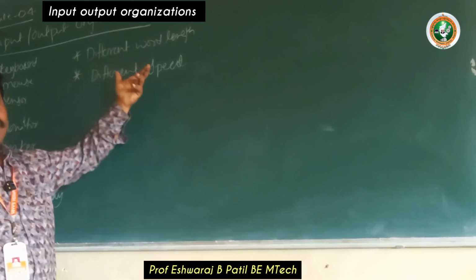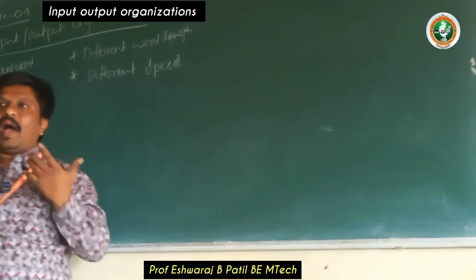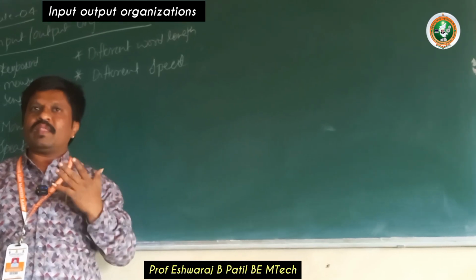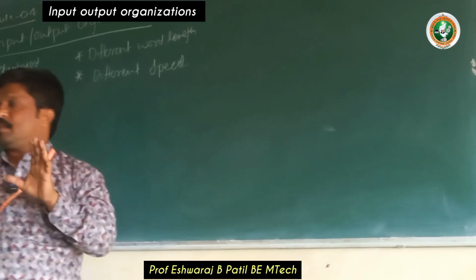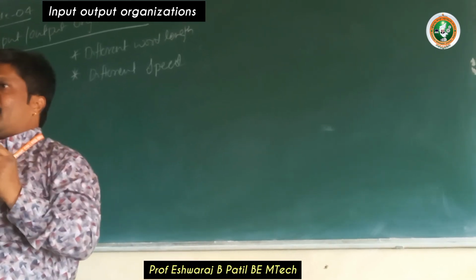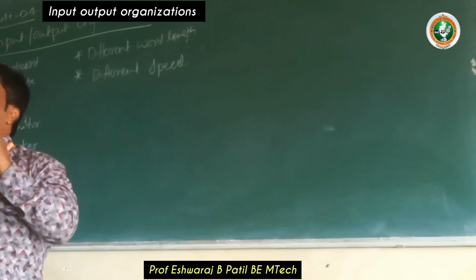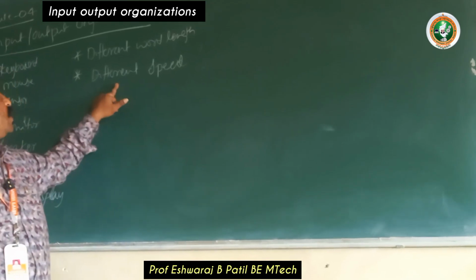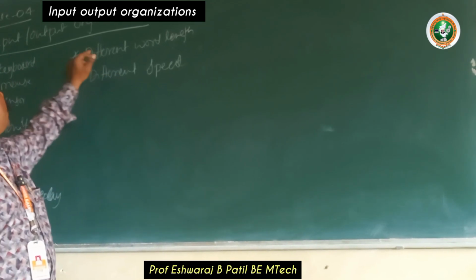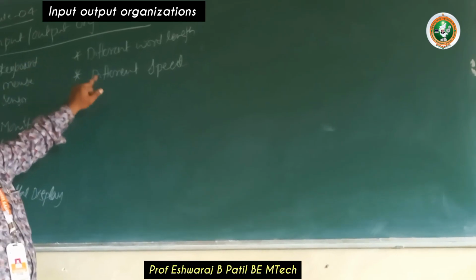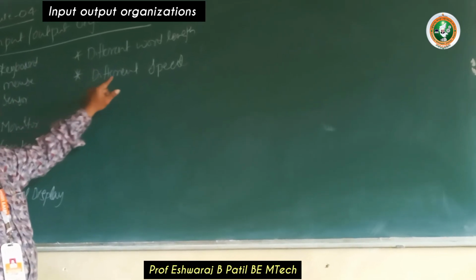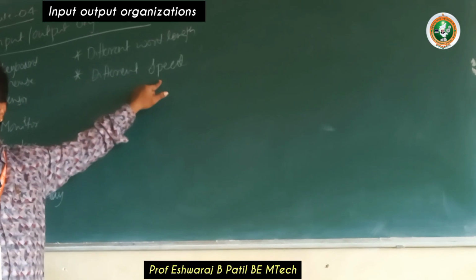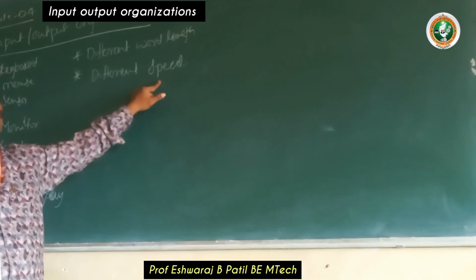the speed will be different. If you have a higher word length, then definitely the information exchange between the input devices and the output devices through the processor will be increased, with high speed. The speed of the information exchange between the input devices and the output devices depends on what?